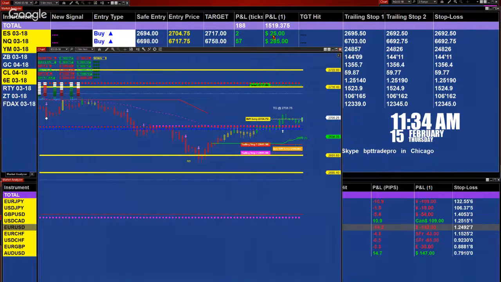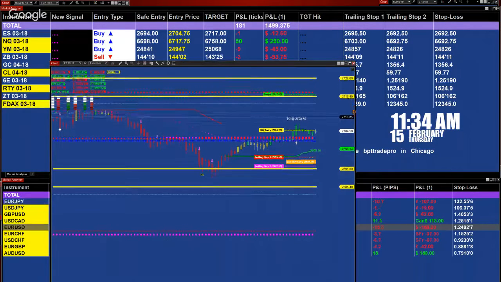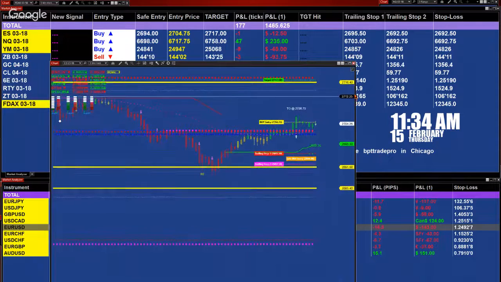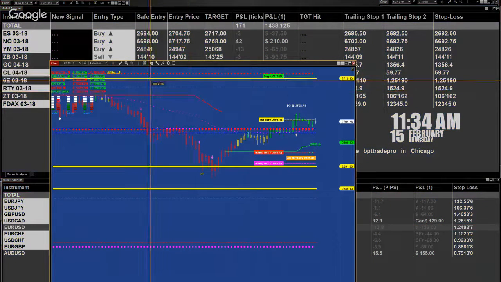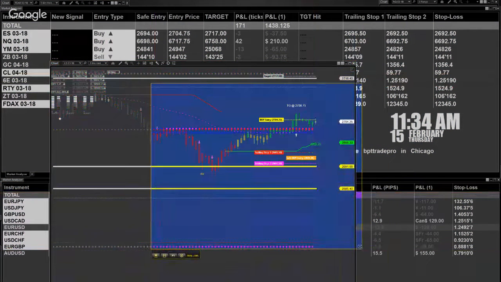It tells you the PNL and the trailing stop. Now let me explain what's going on. Those are my favorite areas to enter the market, because most of the traders or most of the trader rooms don't teach the traders this.